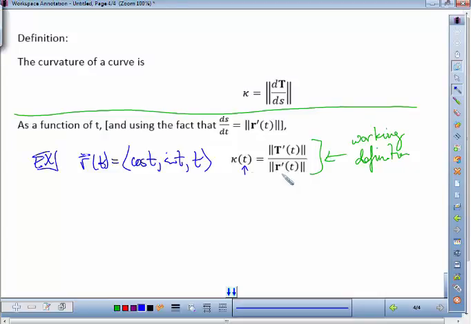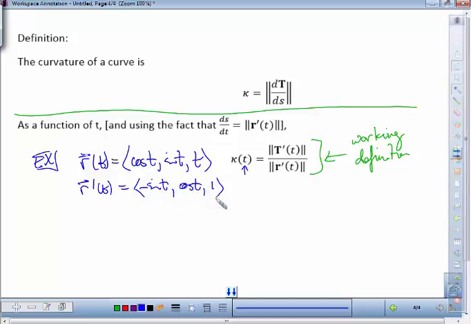Let's see. We need r prime. So it's negative sine t, cosine t, and 1. We need the magnitude of r prime, which is the square root of sine squared plus cosine squared plus 1, and we ended up getting root 2. We did this already, right?